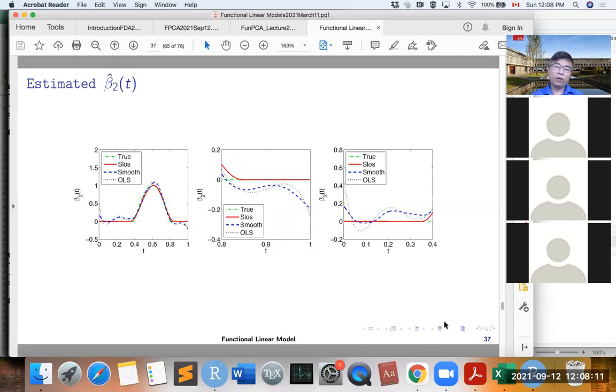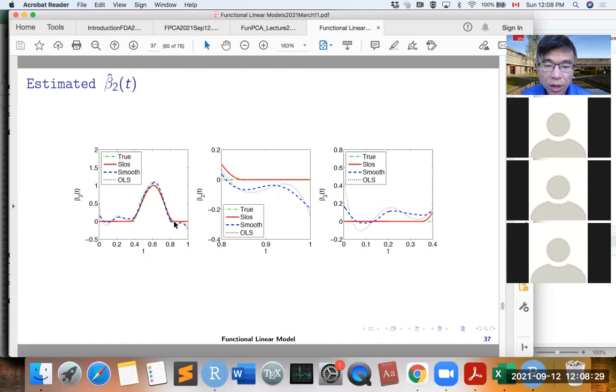Similarly for beta 2(t). The true beta 2(t) is 0 from 0 to 0.5 and in the region from 0.8 to 1.